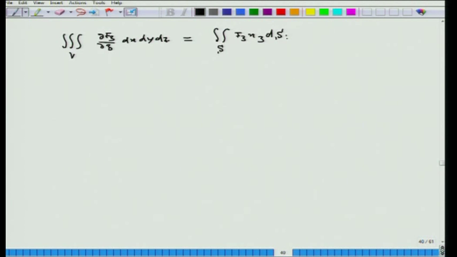So, like that we have. In general we have to show this for f i, with i equal to 1, 2, 3. So, we show it for i equal to 3.